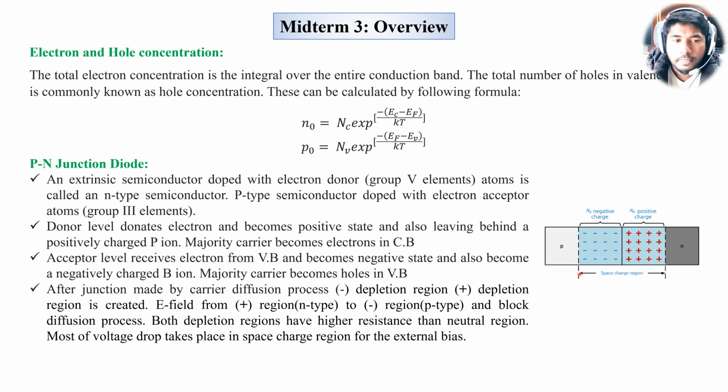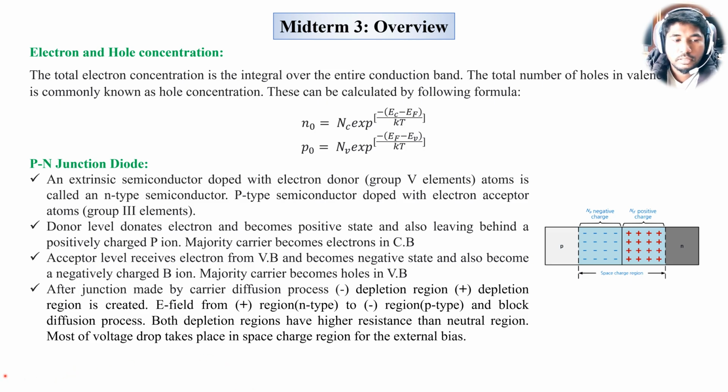And this junction is known as space charge region or depletion region. Both depletion regions have higher resistance than a neutral region. Most of the voltage drop takes place in space charge region or depletion region, right?